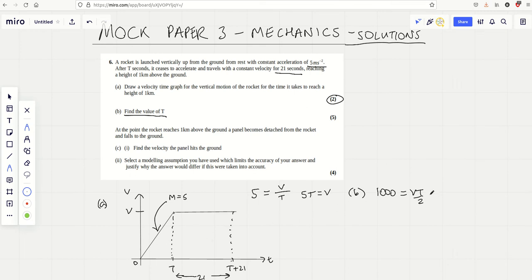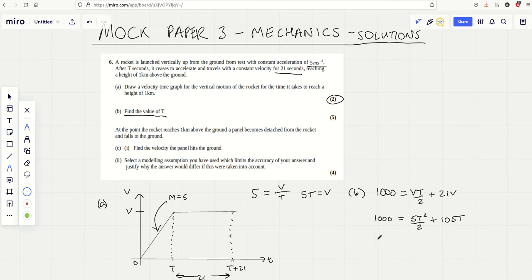And then you've got plus 21V. Yeah, but we know V is 5t. So now I can substitute in V as 5t. So I'm going to get 5t squared over 2 plus 21 times 5t. So that's 105t.